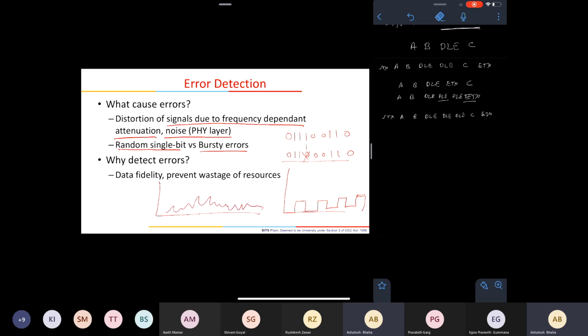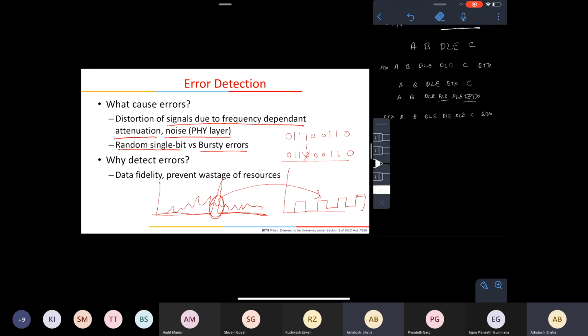Okay. You don't really know this. For the receiver, this is a signal. And then suddenly a spike comes from some external source. So this spike is going to destroy this much portion of the signal, and accordingly those bits will be interpreted wrongly.